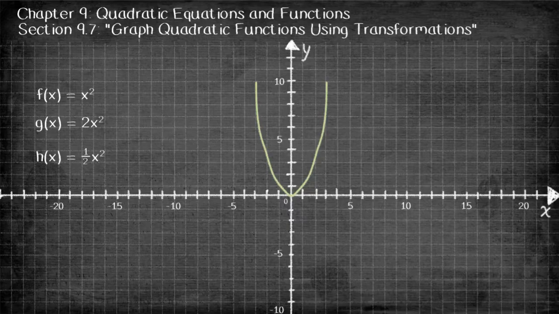So here at 1, for example, where the height is 1, my new height would be 2. And here at a height of 4, my new height would be 8. And the same thing happens on the negative side.